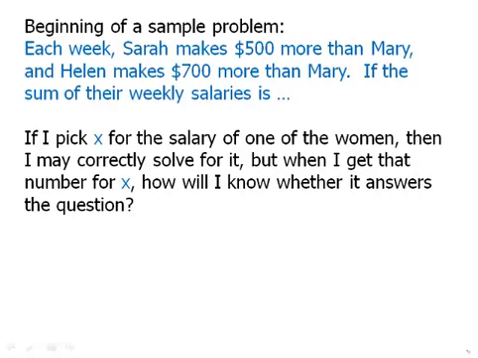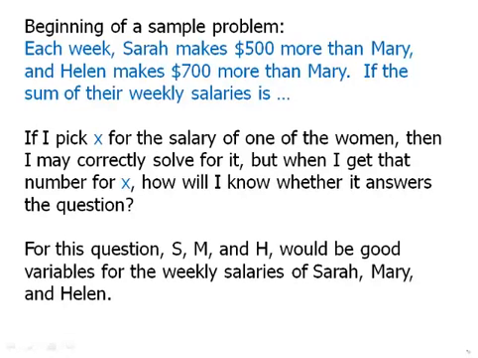How will I know, was that X standing for Mary's salary, or Sarah's salary, or Helen's salary? In other words, it's very easy to get confused. You'd avoid all that confusion if you just used S, M, and H. Those would be very good names for the weekly salaries of Sarah, Mary, and Helen.